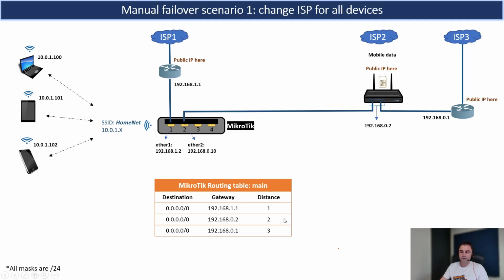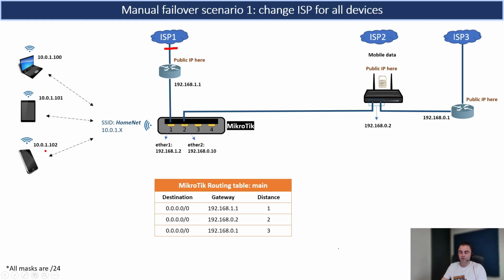And this is the important part here: if my ISP1 fails, it's going to fail here at this part. It's not going to fail here, right? If it fails here, then my router will say, oh, there is no problem with my direct connection, so this route will continue to be active, and these devices will simply lose access.